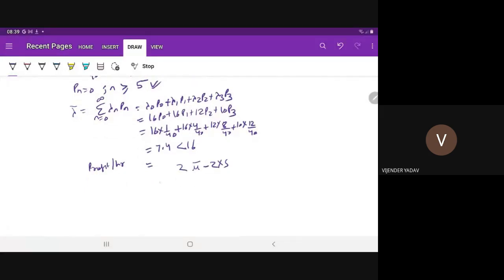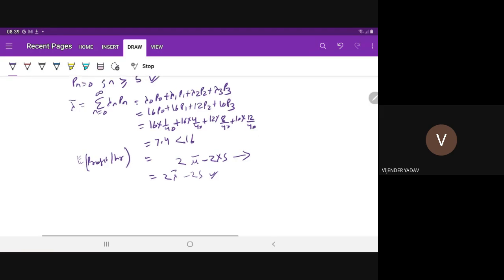Just for explanation, I am writing the mu bar here. But you know that for the steady state, mu bar is equal to lambda bar. So here we have to write 2 lambda bar minus 2s. In the exam, you have to write this only. Just for explanation, I am writing this line. But you have to write this formula. Expected profit per hour is equal to 2 lambda bar minus 2s.